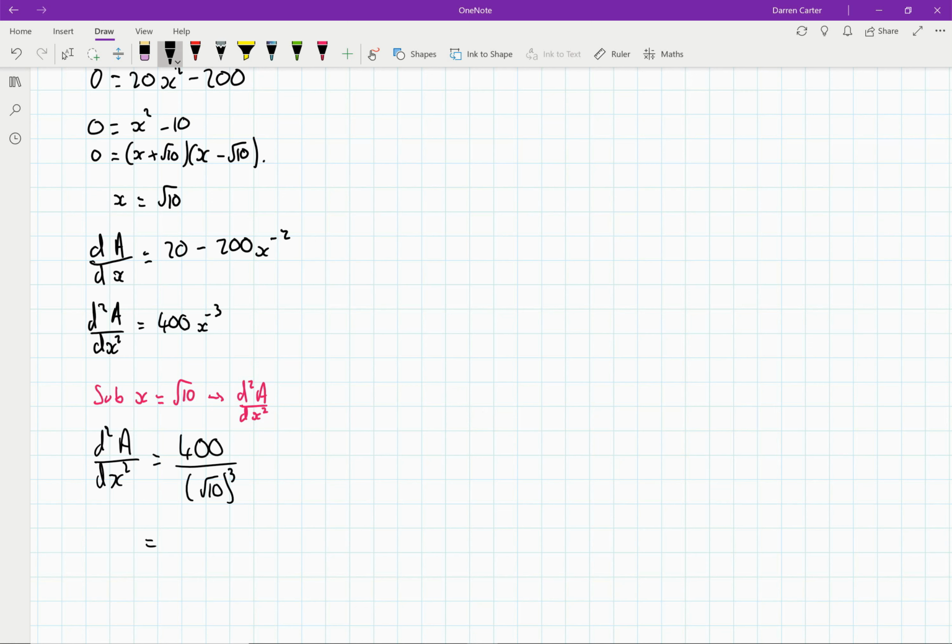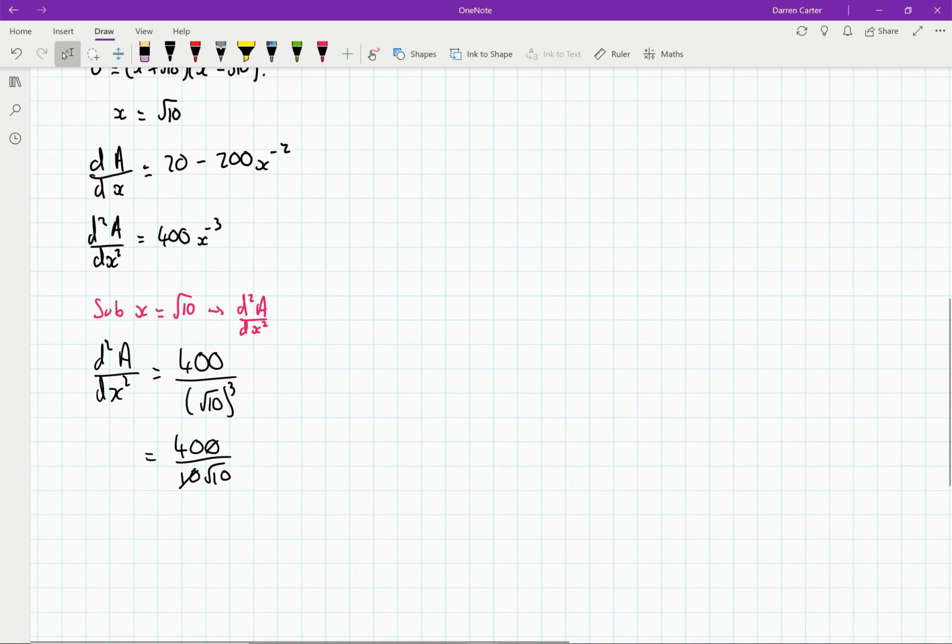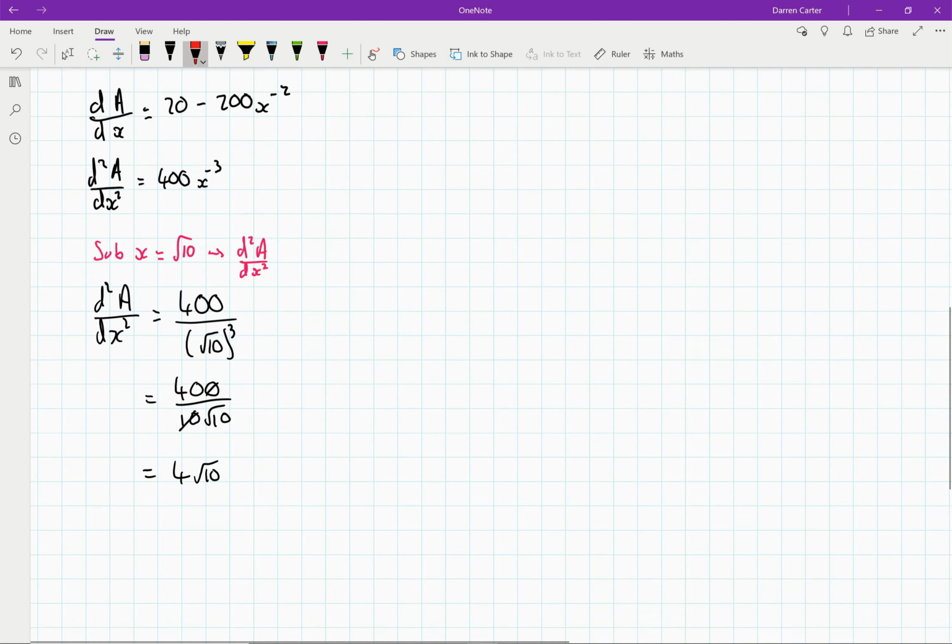Well, root 10 squared is 10, so we've got 400 over 10 root 10, cancelling out a factor of 10, rationalising by multiplying top and bottom by root 10, I think we're going to get 4 root 10. And importantly, that's greater than 0. Shows I have a minimum.